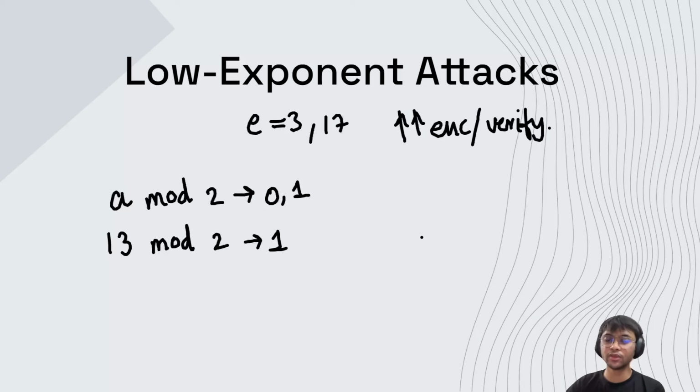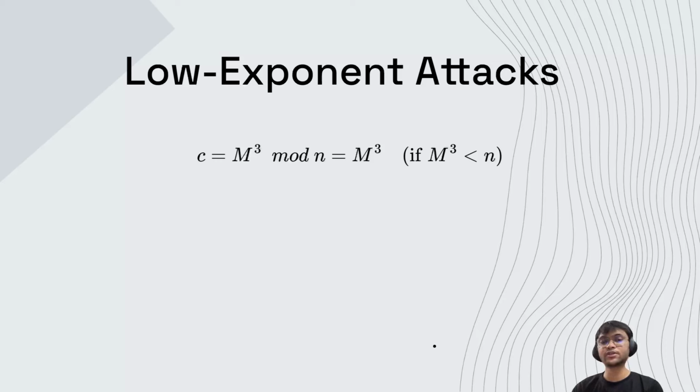But if you do the same thing in 2 modulus 15, you ask yourself the question, what remainder does 13 leave when it divides 2? And the answer is 2 itself. How this relates to RSA is this. When RSA uses a small public exponent, say e is equal to 3, then the plaintext is very short, so short that m raised to 3 is less than the modulus n.